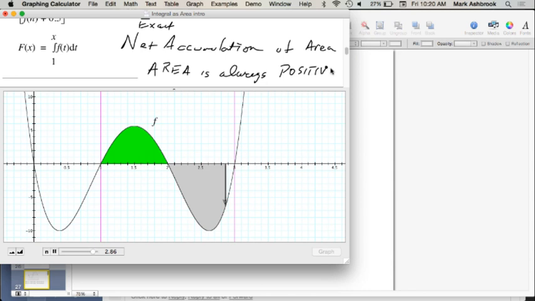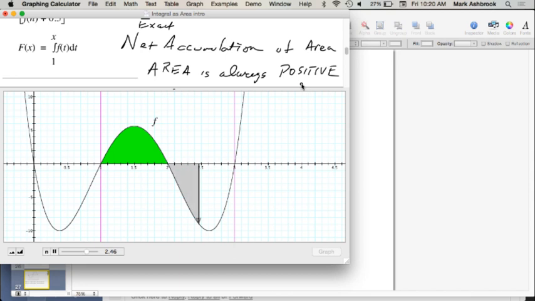There's no such thing as negative area. Area is always a positive quantity. It's some amount. So capital F relates to area, but it's not area. What we're going to call capital F is what we call signed area.